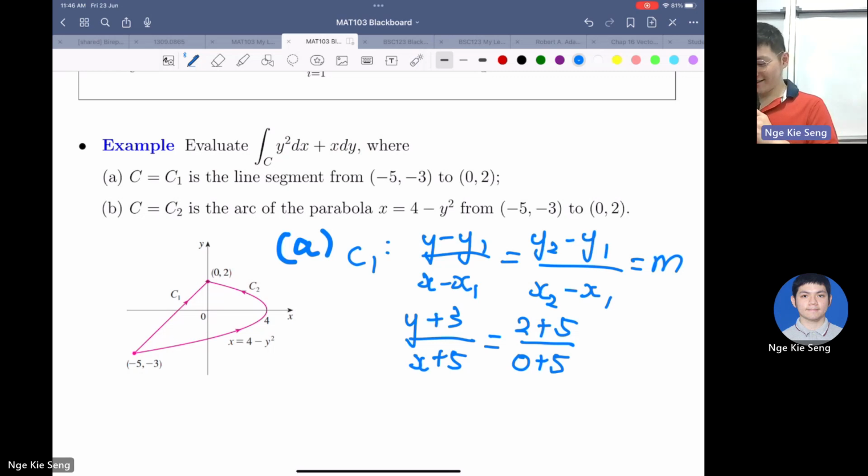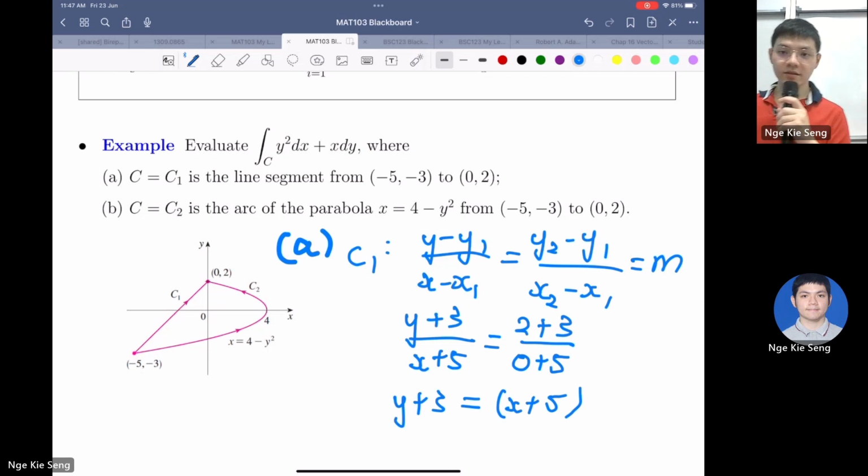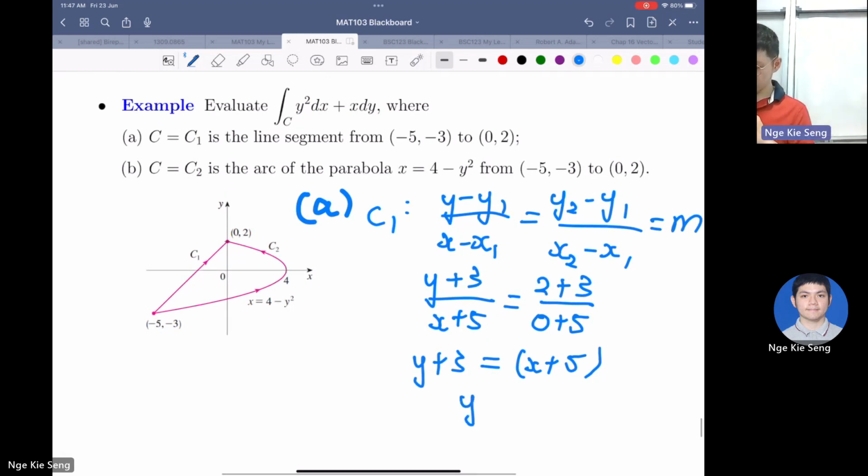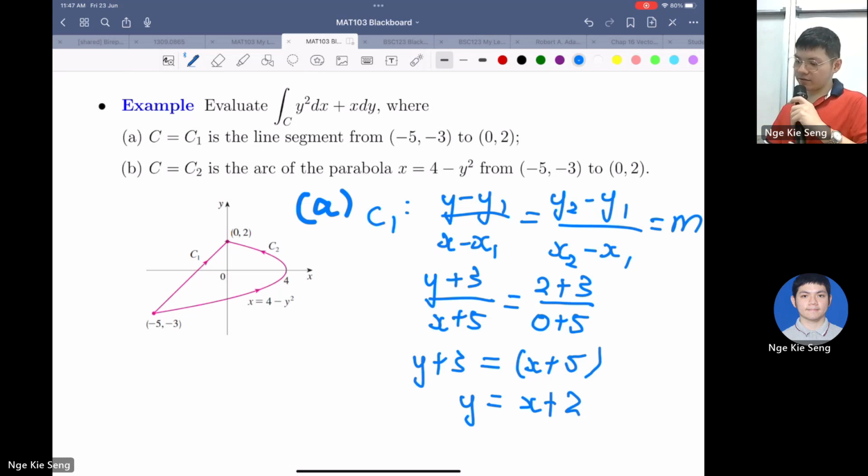Is that right? 2 plus 3, correct. So y plus 3 equals x plus 5. Is that correct? Correct. Y equals x minus 2. So this is the line equation.